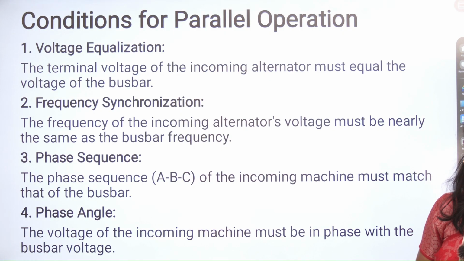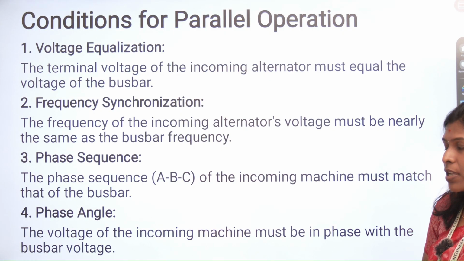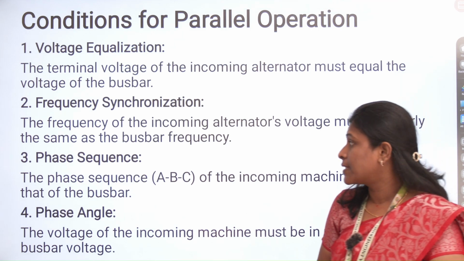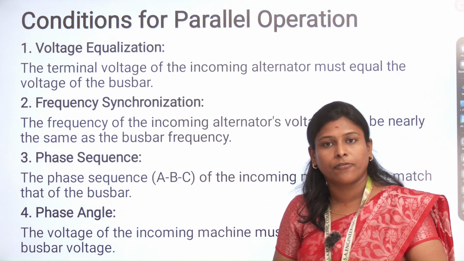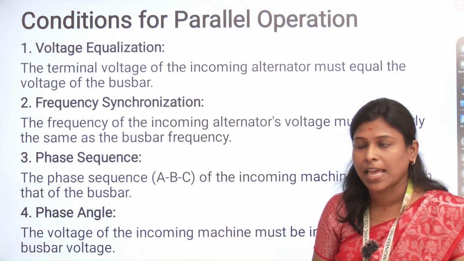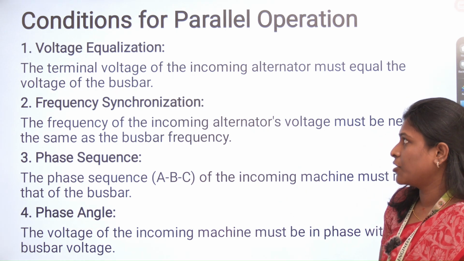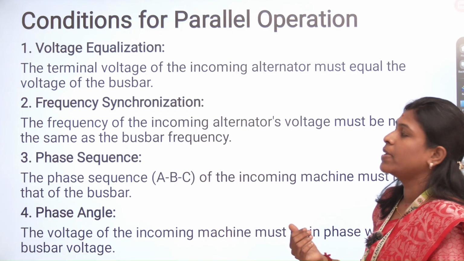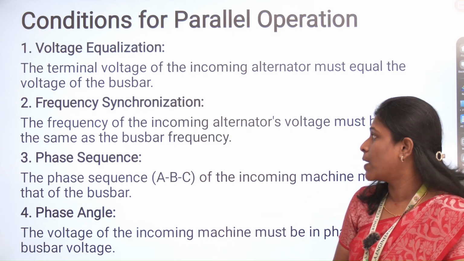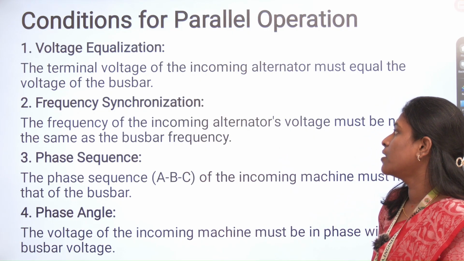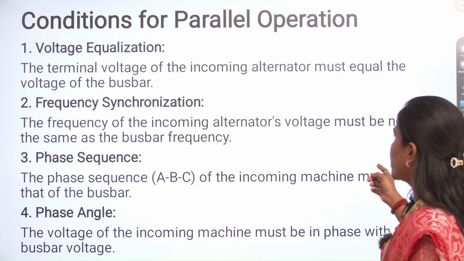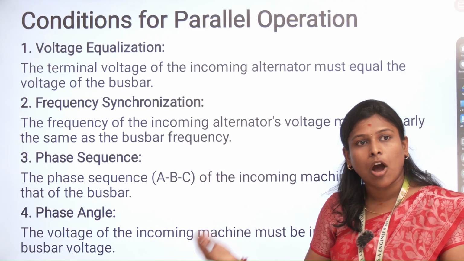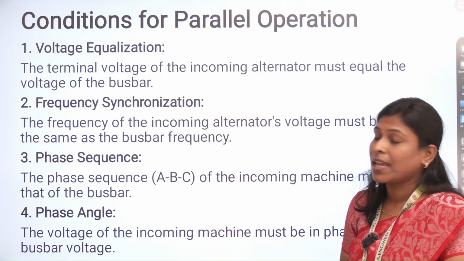These are the conditions for parallel operation of alternators or generators. First one is voltage equalization. Next is frequency synchronization. Next is phase sequence and phase angle. In voltage equalization, the terminal voltage of the incoming alternator must be equal to the voltage of the bus bar. In frequency synchronization, the frequency of the incoming alternator's voltage must be the same as the outgoing alternator or the bus bar frequency.